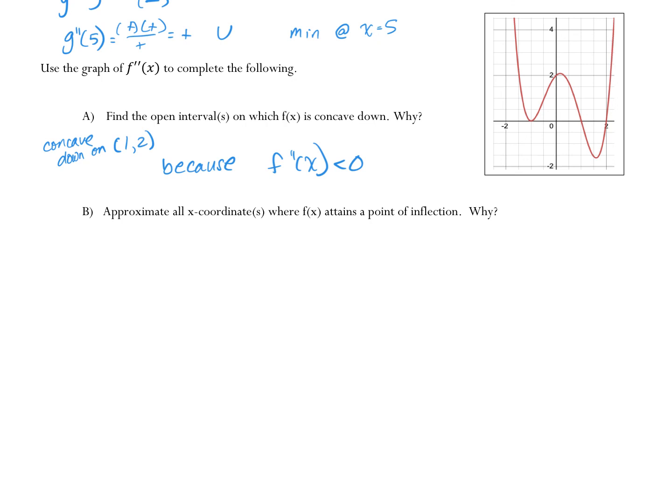What about inflection points? 1 and 2. Because at x equals 1, f double prime goes from positive to negative.